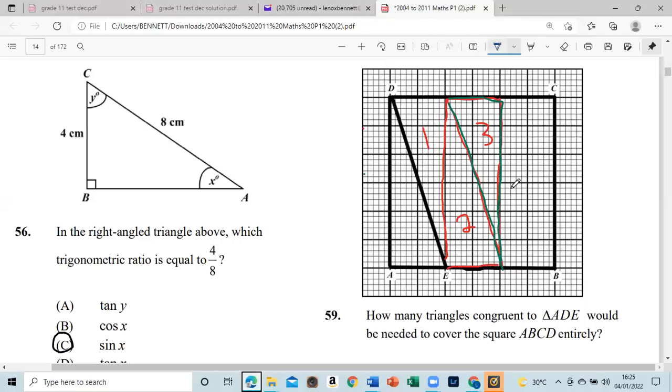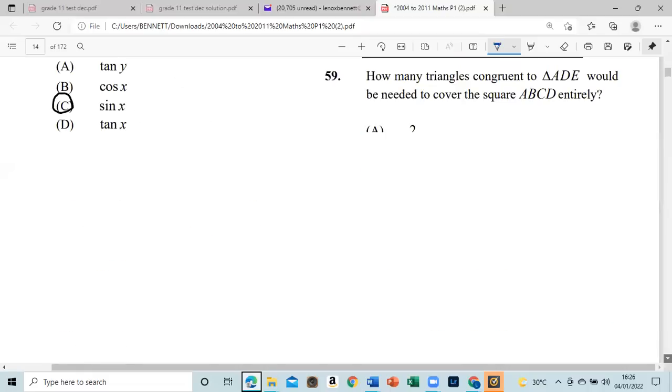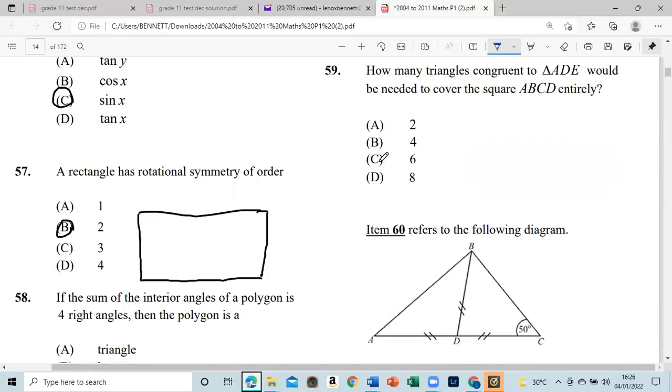Boom. So it goes above to 1 again. So this now will basically make 4, and 5. Absolutely awesome. So it will take 6 of them.